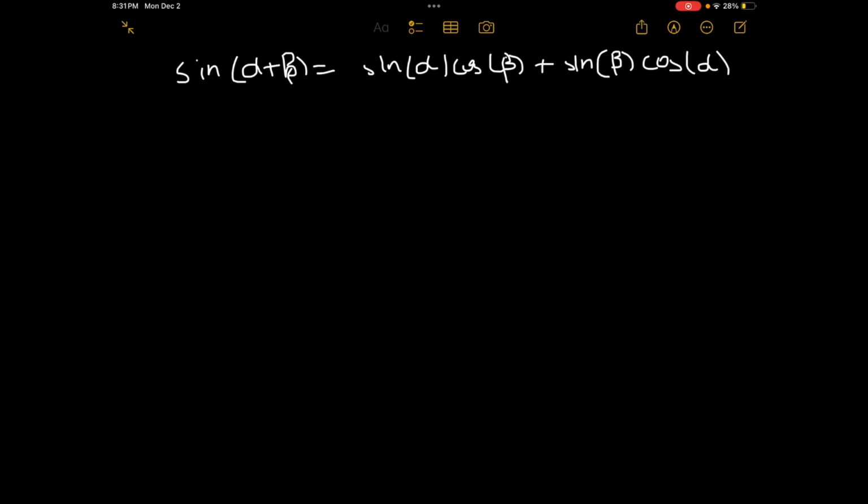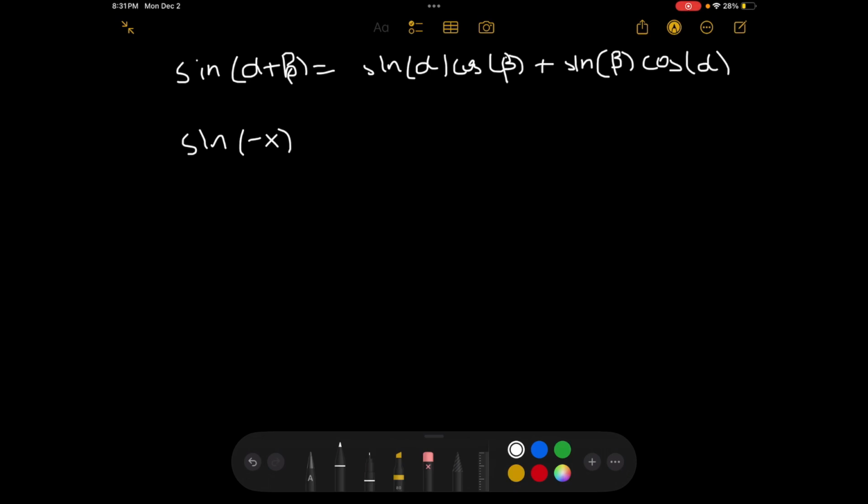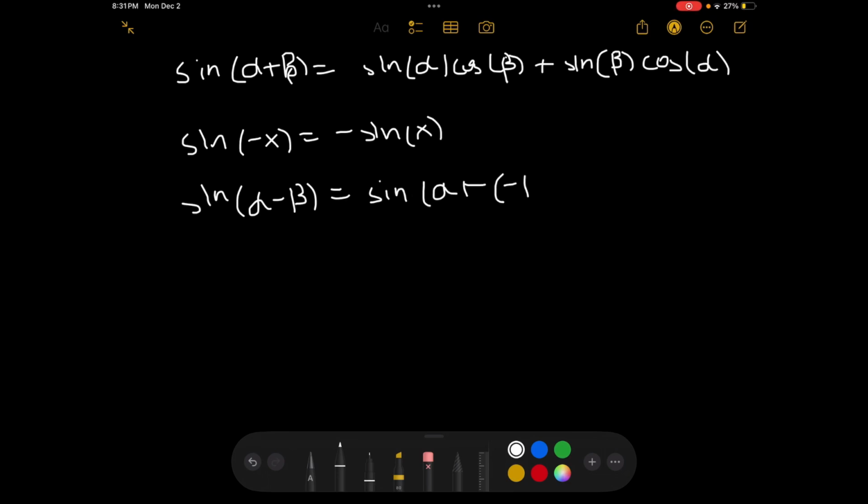We can use the fact that sine is an odd function, which means that if we have an angle x, you have that sine of minus x is equal to minus sine of x. So if we want sine of alpha minus beta, just write this as sine of alpha plus minus beta.